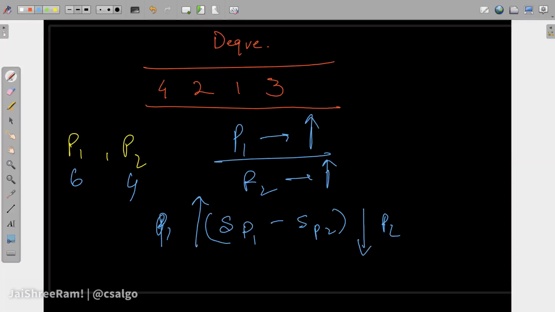Think about this problem for me. Constraints: let's say there are only two things you need to consider, n, and n is less than or equal to 5,000, something like this, and A_i is less than or equal to 10 to the power 9.